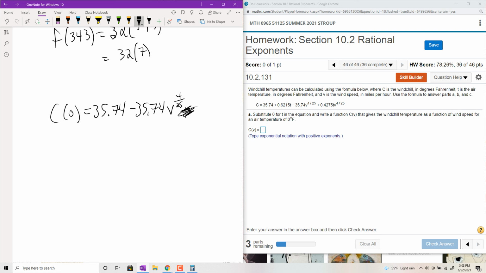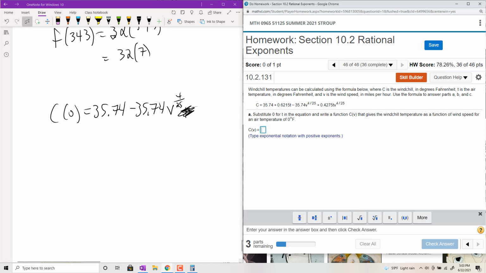Those should just be 0. Okay, so it'll turn out being c of v, right? So it's in terms of v when all is said and done. So I just plugged in 0 wherever I saw a t.